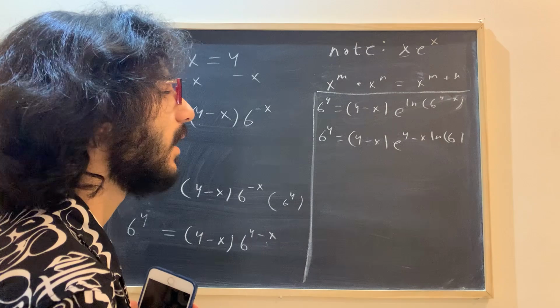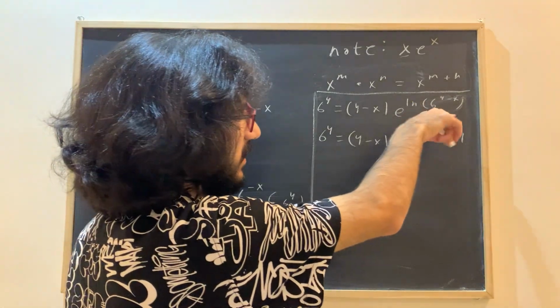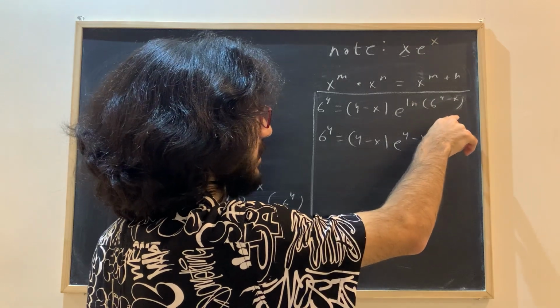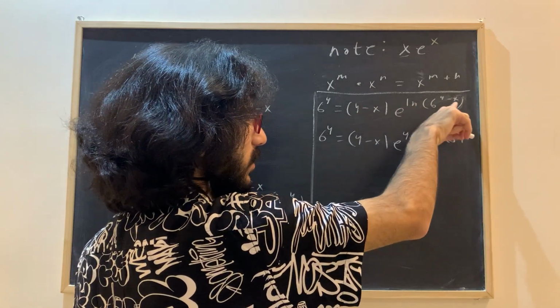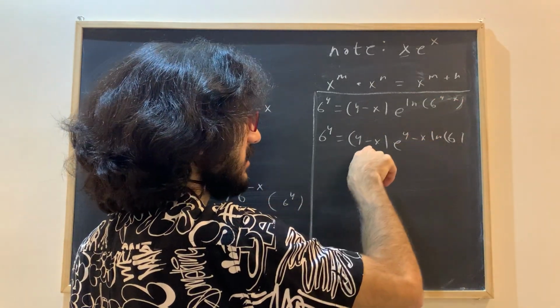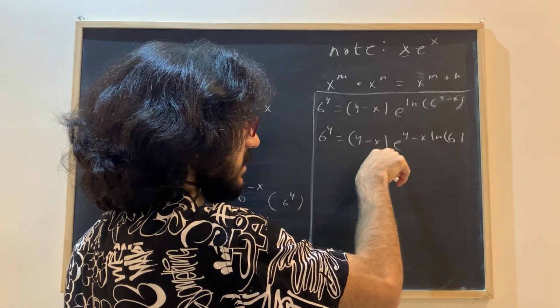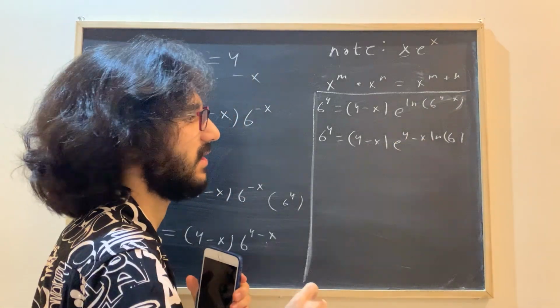Again, this is amazing because obviously some weird stuff is going to happen here. You can't add this, you can't make this match with this. So you take down the 4 minus x and you get 4 minus x e to the 4 minus x, and then you have the ln 6 missing.